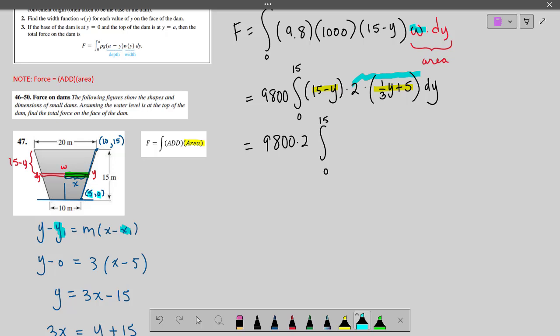So let's factor out the 1/3 just to do a little bit of algebra practice. You don't have to, but it's nice not to deal with fractions when we FOIL those 2 quantities together. So let's see if we can factor out the 3 properly. So factoring out the 3, we have 15 minus y. I factored out the 2. Factoring out this 3 in the denominator, I'm factoring it out of this quantity right there. So if I factor out that third, that 3 is in the bottom, we're left with y. What would this constant be?